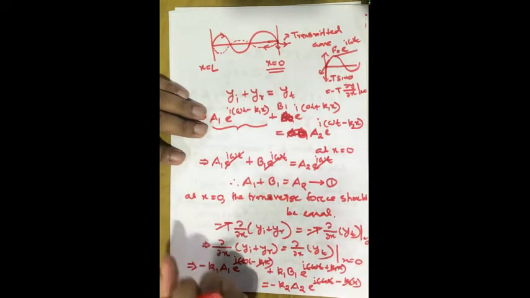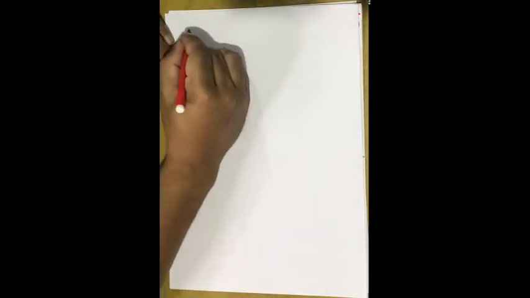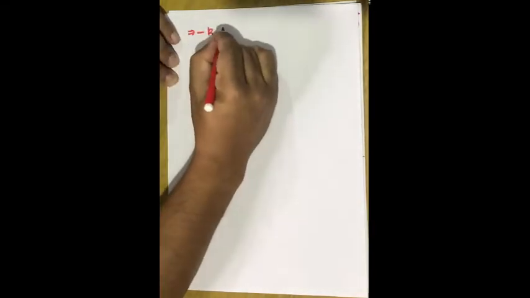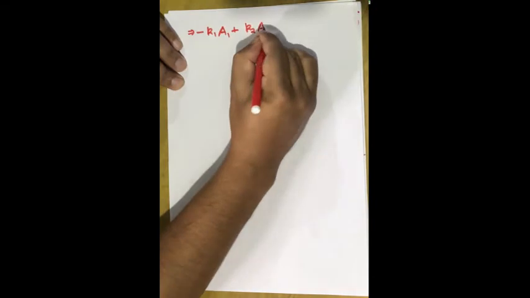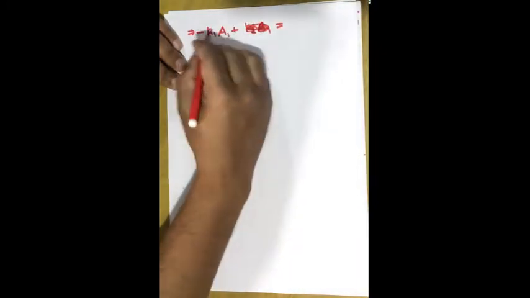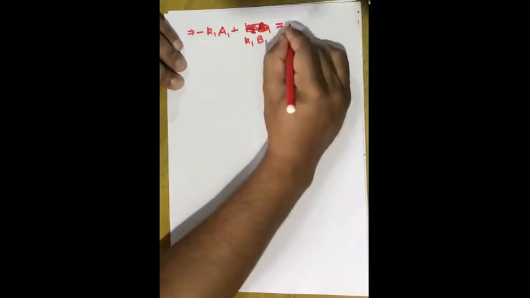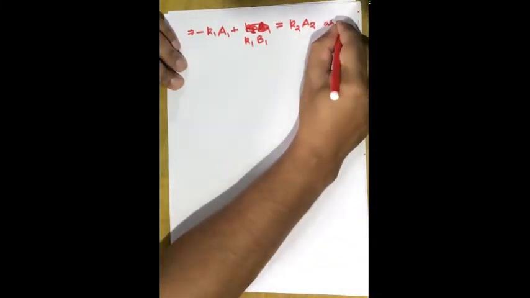Okay, so finally what we will get: minus k1 a1 plus k1 b1 is equal to minus k2 a2. Okay, at x is equal to 0.